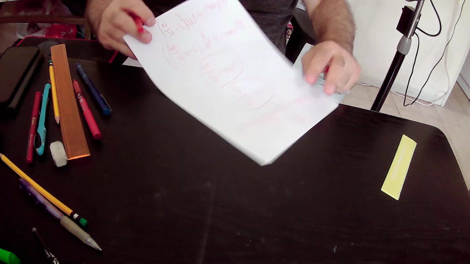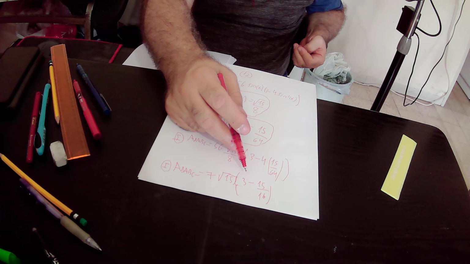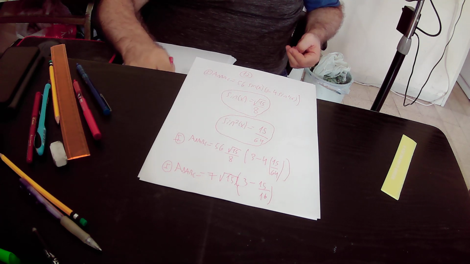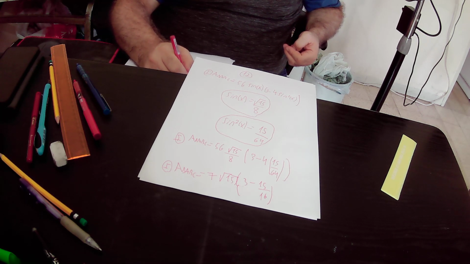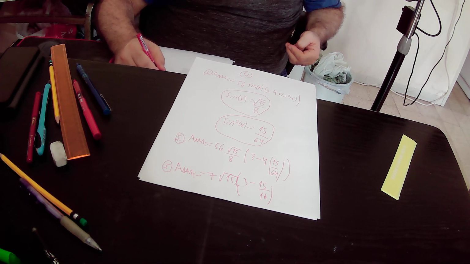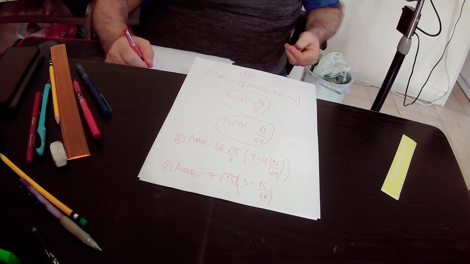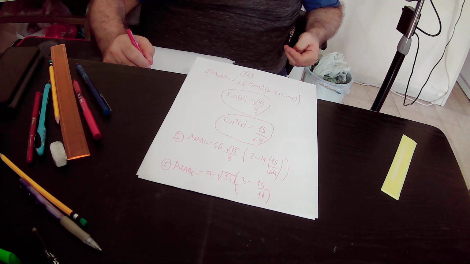So here instead of 3 we write down 48 over 16, and we will get that the area of triangle ABC equals root 15 times 7 times 48 over 16 minus 15.